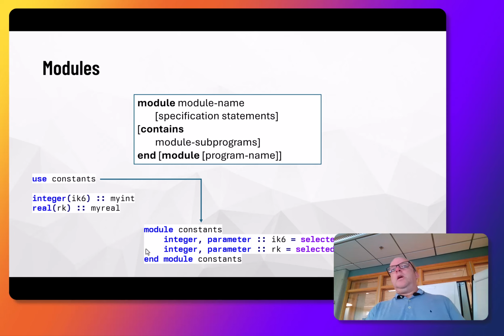So, for example, here the constants we declared for selected real kind, I put them in the constants module, and then I can use them in my code after the use statement. So this is a way of creating a single point in your code where you can configure the behavior of your code in certain ways. In this case, I only have constants here. You could have variables. You can have subroutines as well.